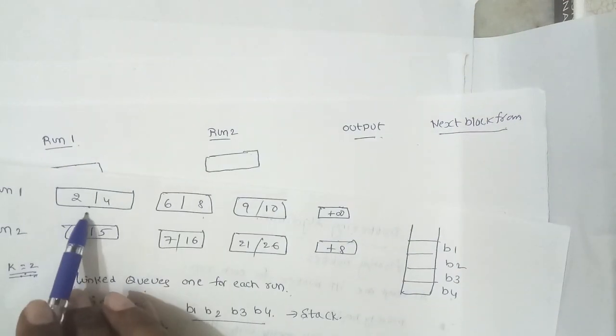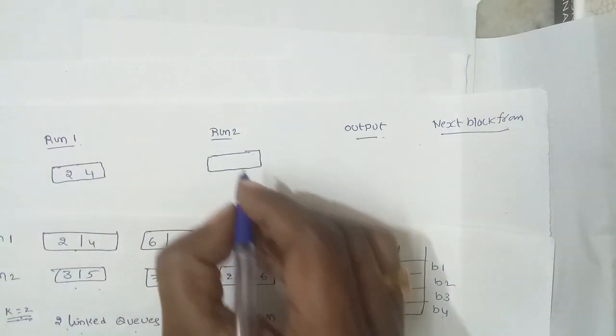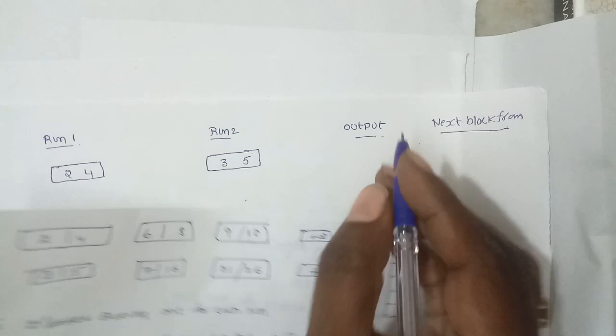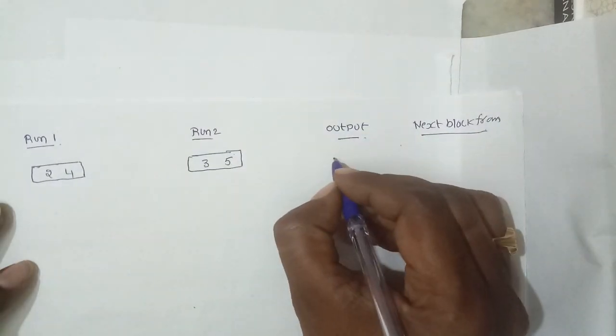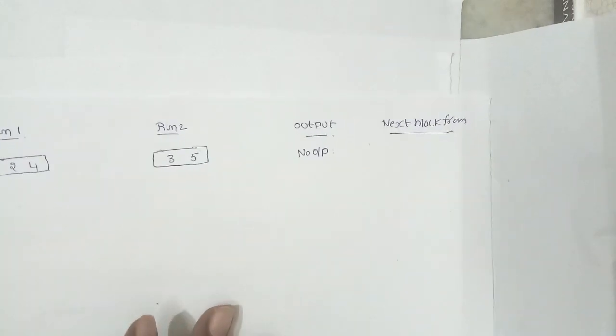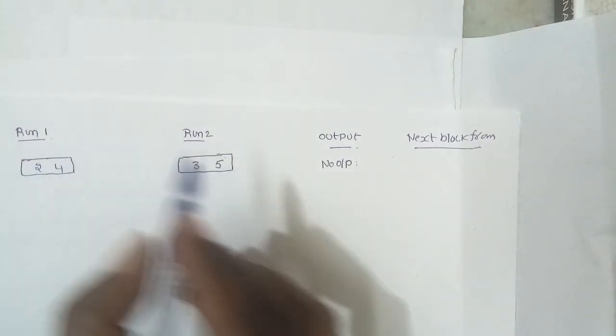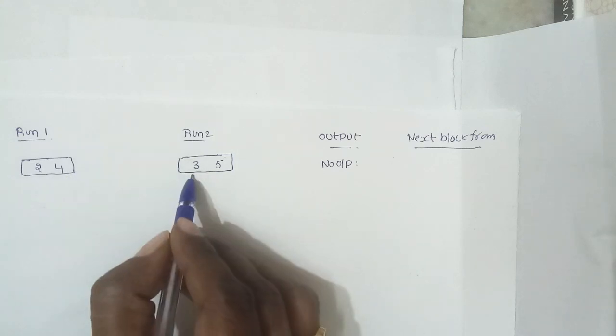Now place the values. Run 1 contains 2, 4. Run 2 contains 3, 5. Initially we have no output. Next, what is the next step? The next step is to perform the read operation and the merge operation. Suppose we are performing the merge operation.